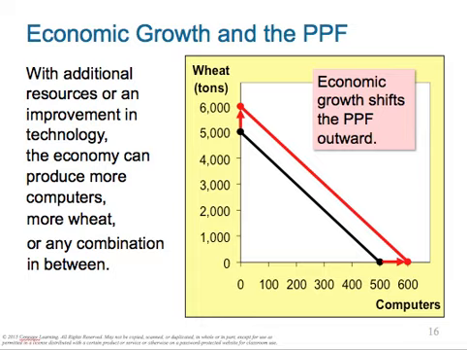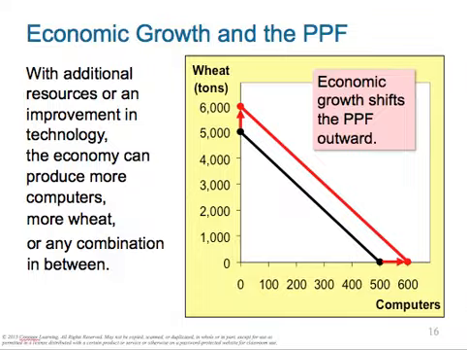In the example shown on this slide, the economic growth causes a parallel shift of the production possibilities frontier. And since the new PPF is parallel to the old one, the trade-off between the two goods is the same. However, this is not always the case.